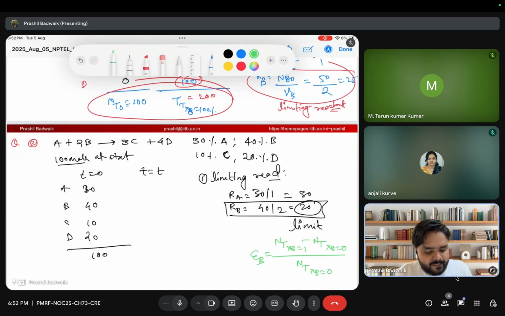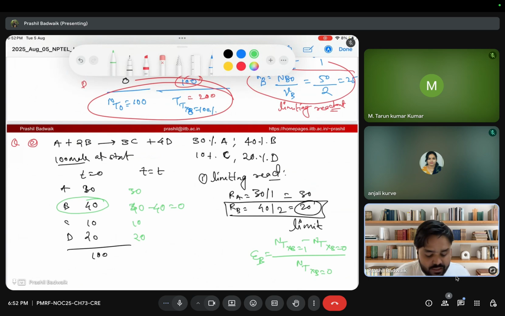So we had 30 initially, 40 here, 10 here, 20 here. I am saying 100% conversion of the limiting reactant. So 40 moles are there, all of them converted into product. So what remained is 0.